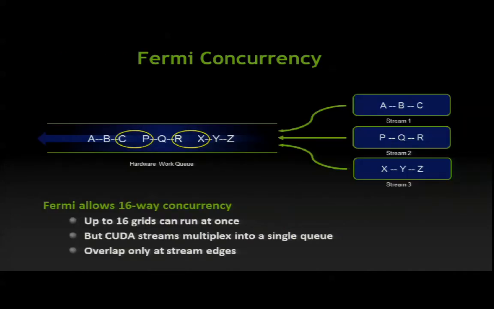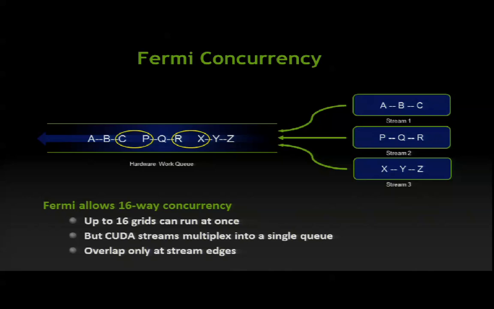Now, some of you might say, well, that has been advertised for Fermi as well. Weren't we able to launch grids concurrently on Fermi? And that's true. Fermi did allow you to do that. But there were some technical challenges that made it very hard to get the desired effect. Basically, what Fermi allowed was 16-way concurrency, so you could have up to 16 streams.